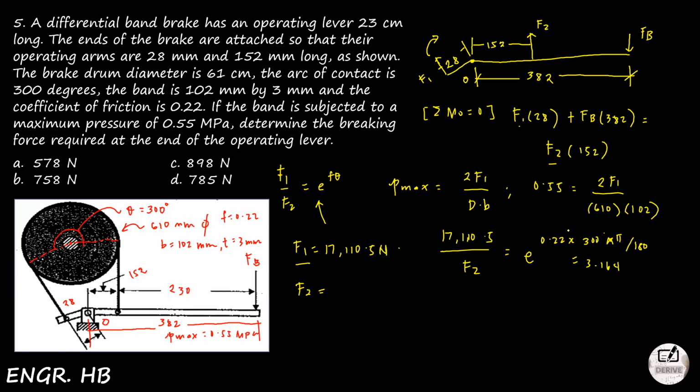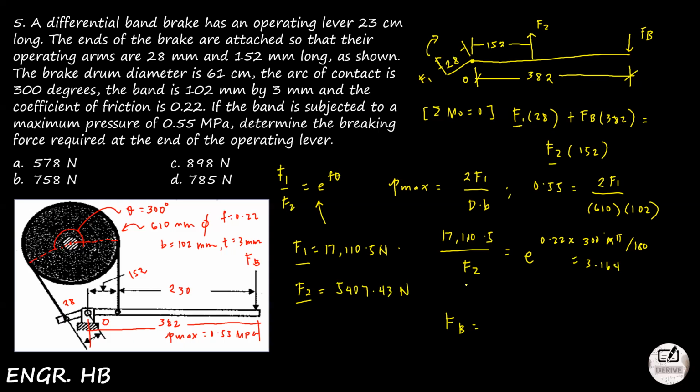So 17,110.5 divide answer. We have F2 of 5,407.43 newtons. Okay, so meron tayong F1 and F2 here. So we can get the FB as, so F1 is 17,110.5 times 28 minus F2, which is 5,407.43 times 152.